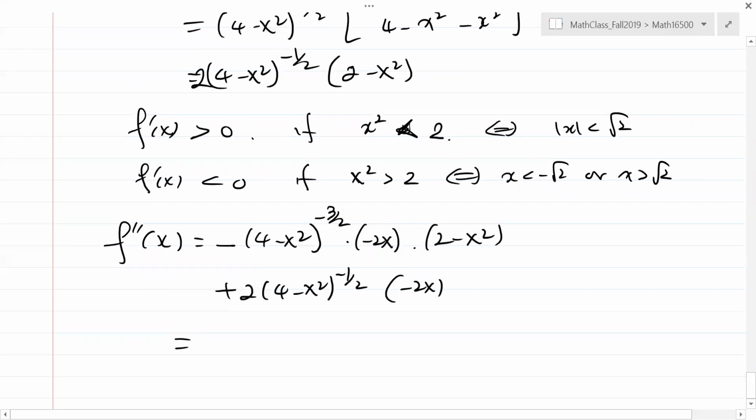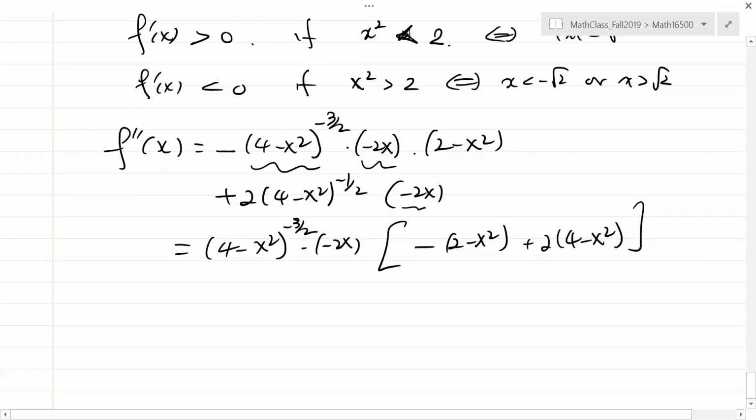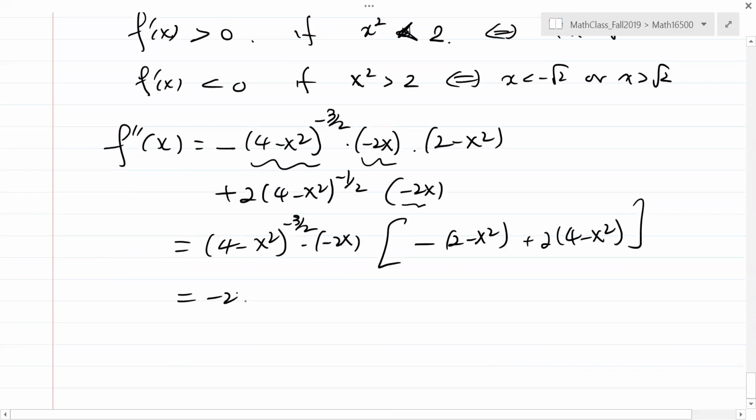This is a little bit complicated. I take this out. I also take this out. I take (4 minus x squared) to the negative 3/2, negative 2x. Then I get this part only. Then I get 4 minus x squared. So I'm going to get negative.